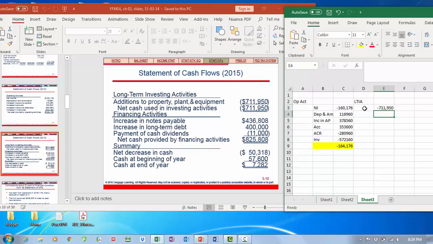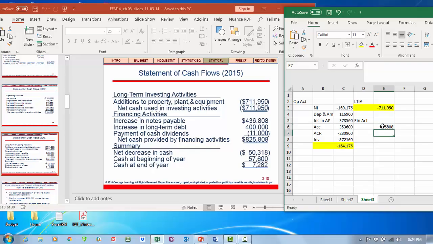So this is the second component. The third component is going to be financing activities. So you have increase in notes payable. So this is the short-term loan that the company has taken. And remember, when you have more loan taken, that's going to mean more money coming in. That's why you have a positive number, 436,808.